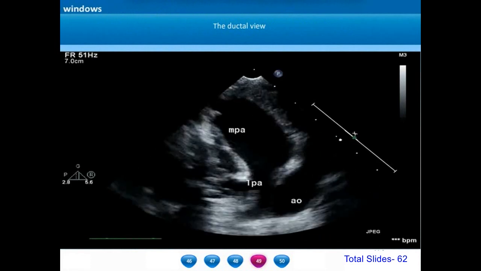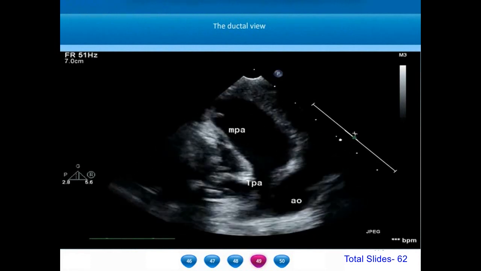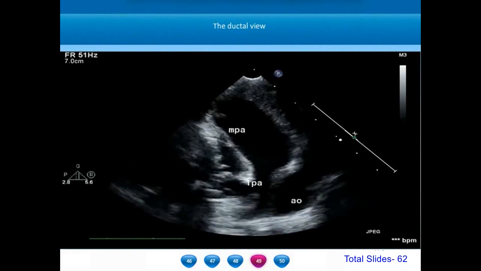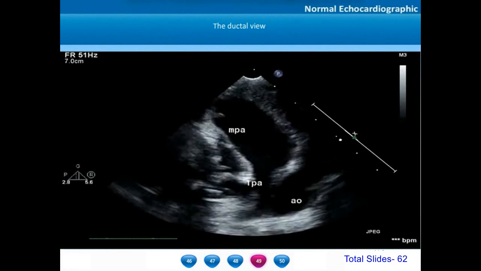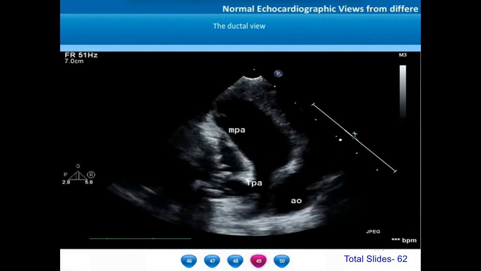In the left first intercostal space, if we keep the probe on a sagittal plane, more in alignment with the long axis of the heart, we will notice the main pulmonary artery continuing as the left pulmonary artery.